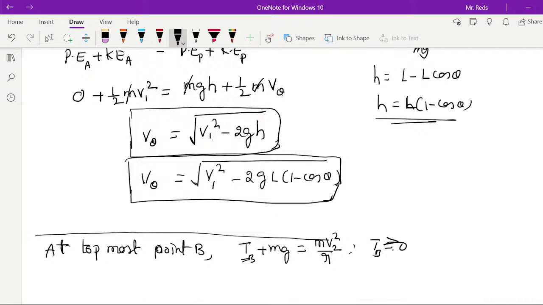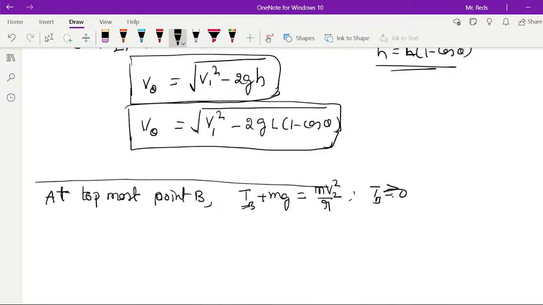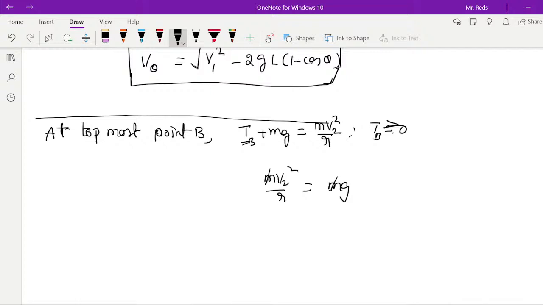That is the condition of tension. If you substitute this condition, we can write m v2 square by r is equal to mg. If m gets cancelled, then the minimum velocity v2 should be equal to square root of gr, if r is the radius.